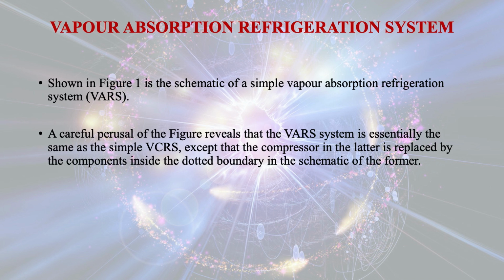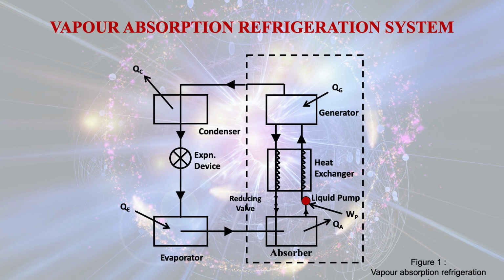A careful perusal of the figure reveals that the VARS system is essentially the same as the simple vapor compression refrigeration system, except that the compressor in the latter is replaced by the components inside the dotted boundary in the schematic of the former.